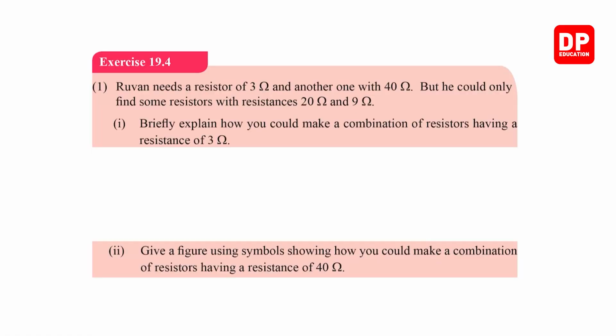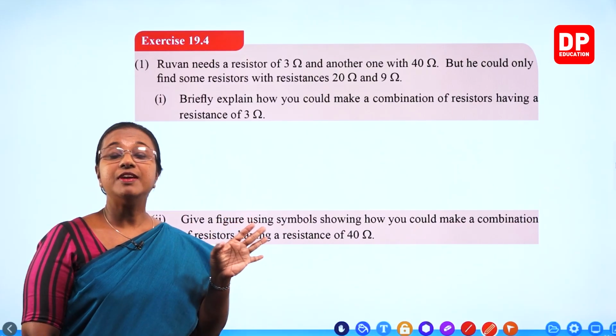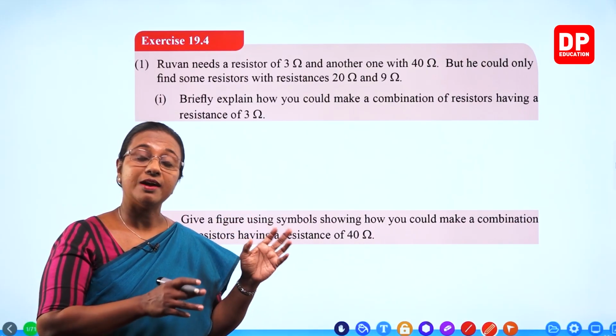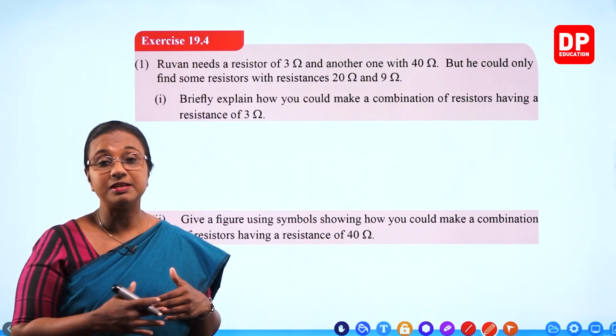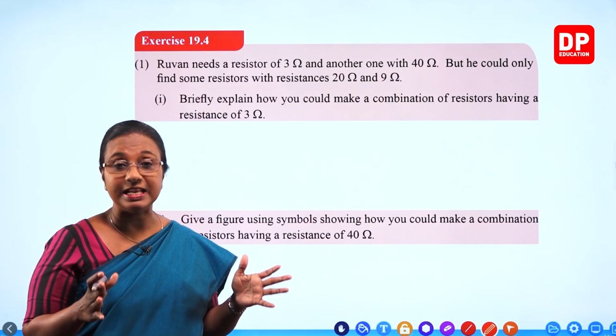So, exercise 19.4. The first question: Ruwan needs a resistor of 3 ohms and another one of 40 ohms. So you know these have to be fixed value resistors. If you have a rheostat or an adjustable resistor, a variable resistor, you can adjust it to any value.